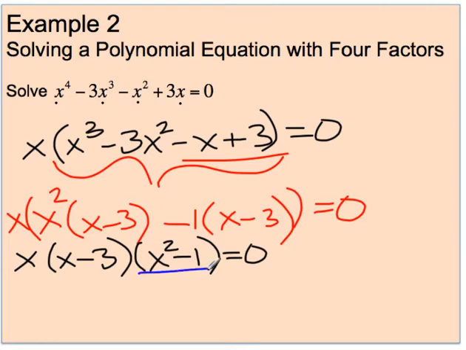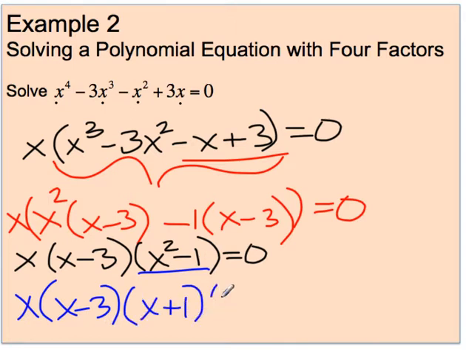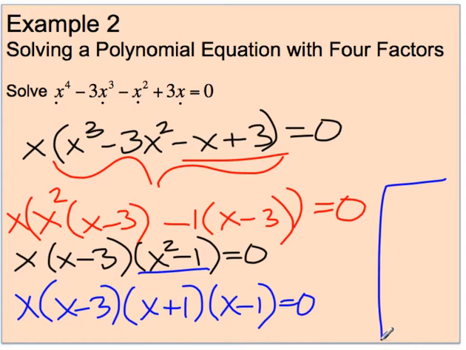Well, now hopefully you can see x squared minus 1 is a difference of squares. So we have x times x minus 3, and if we factor x squared minus 1, we get x plus 1 and x minus 1. So this equals 0. So what are the potential 4 values of x that make this equation 0?